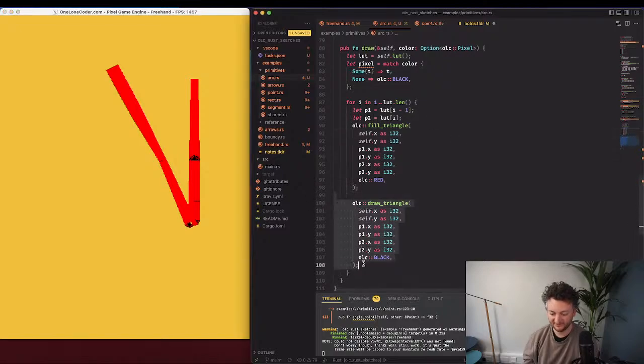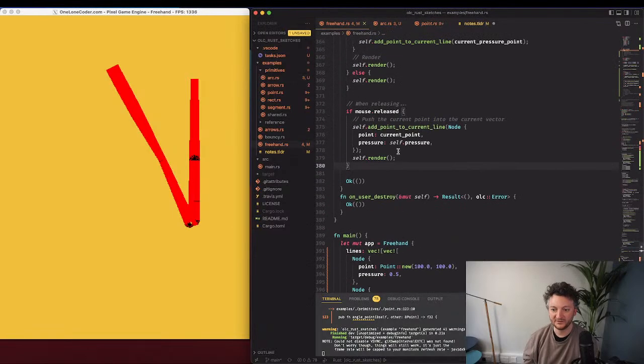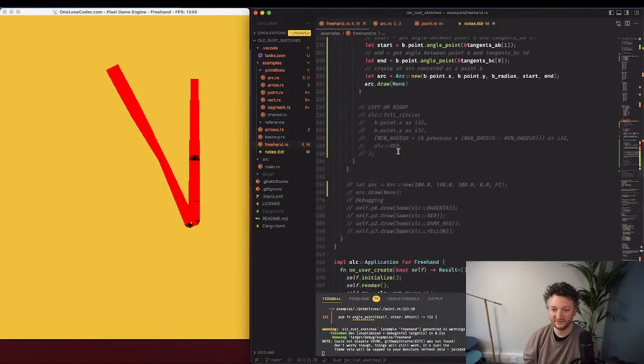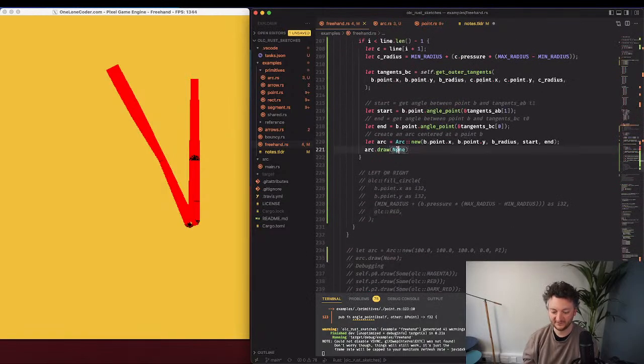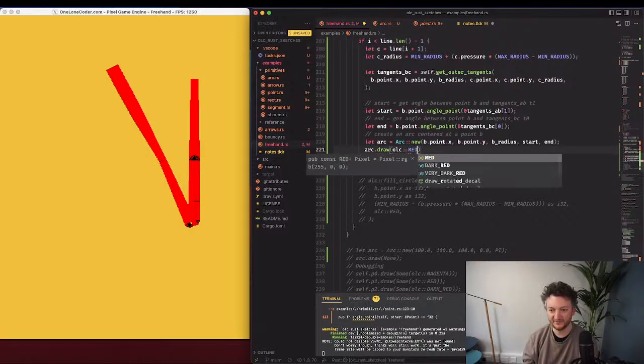Let's not draw this. Let's use this pixel. And then in freehand, when we create that arc, we render it. Let's say that arc, we're going to say arc, to draw, we'll see red.